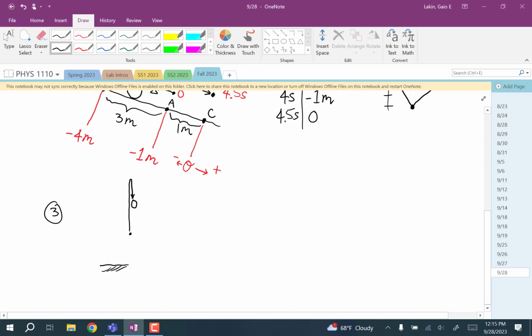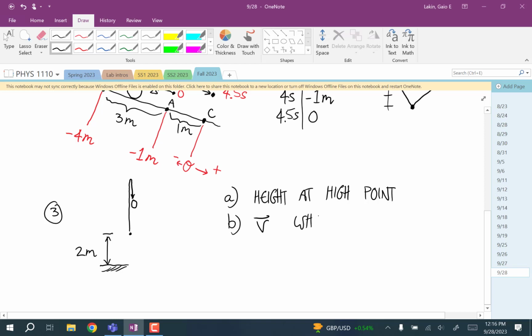Its starting height is 2 meters, and its starting speed is 20 meters per second, and it starts out moving up. And we want to figure out the height at the highest point, and the velocity at the instant just before it hits the ground.